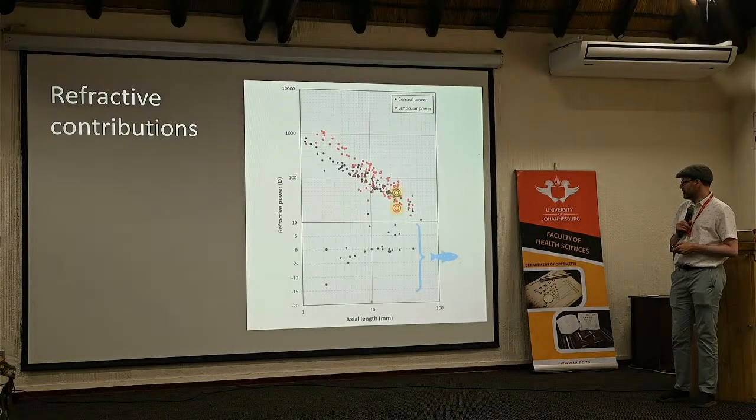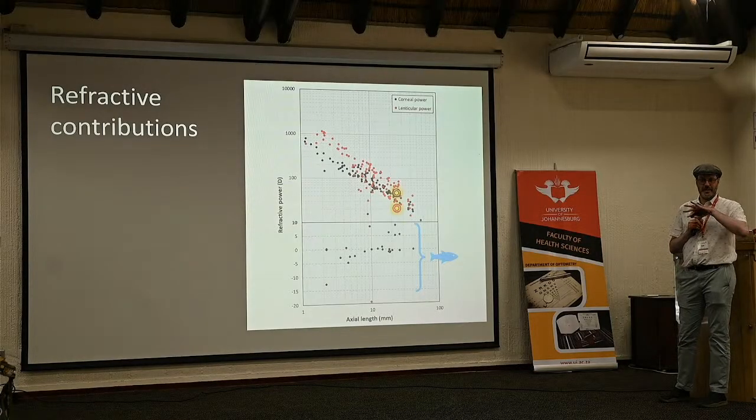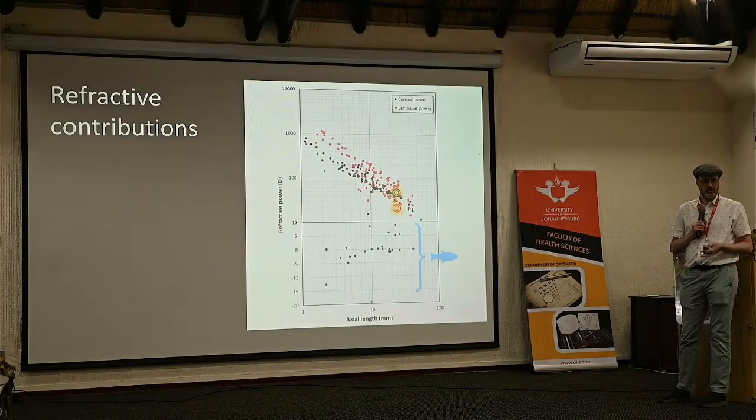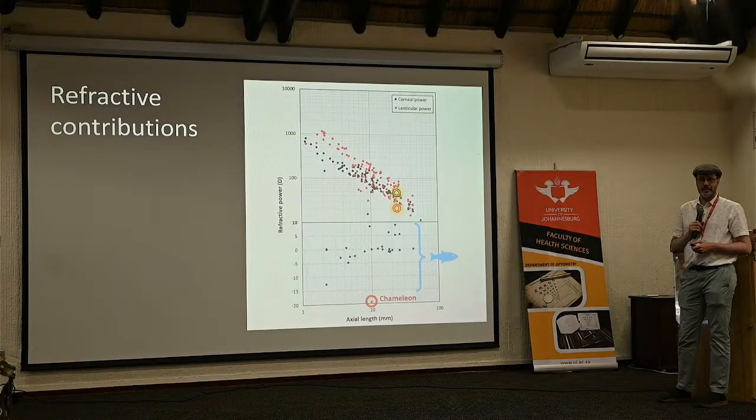You also see that there's a bunch with negative corneal power. Those are fish. So if you have a radius of curvature anteriorly and posteriorly, but the posterior radius of curvature is a bit smaller than the anterior one, and you're underwater, then the net result is a negative power for the cornea. And then there is one other special one here, the chameleon.